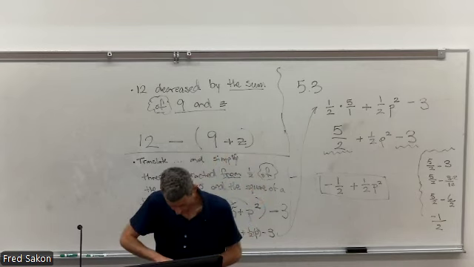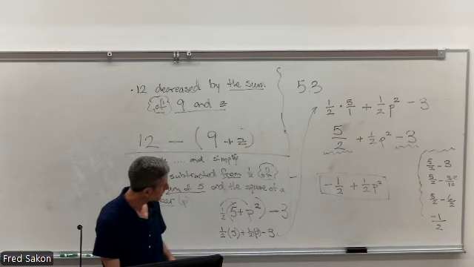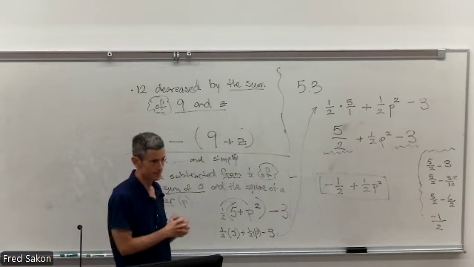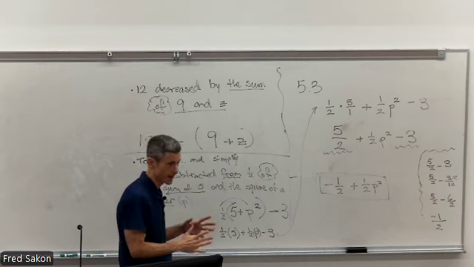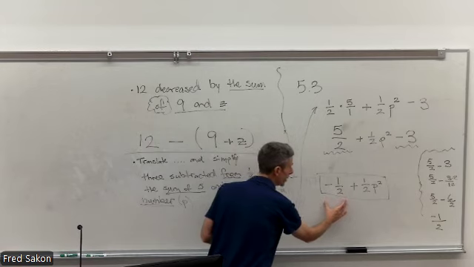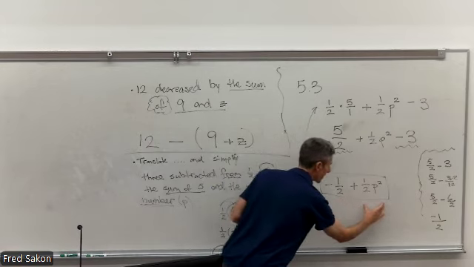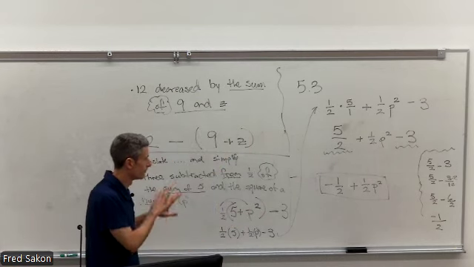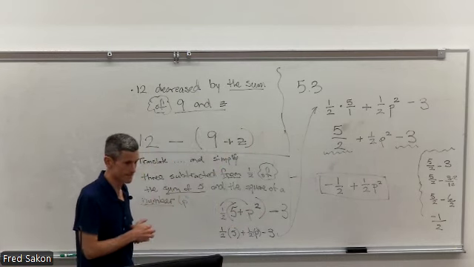You might try to say -1/2 plus 1/2 is 0. We don't have 0 p squared. I want to stop right here because this is a number, no variable. This is a variable. And so no mixing those up. Okay?